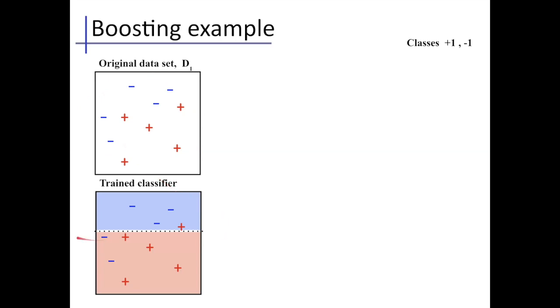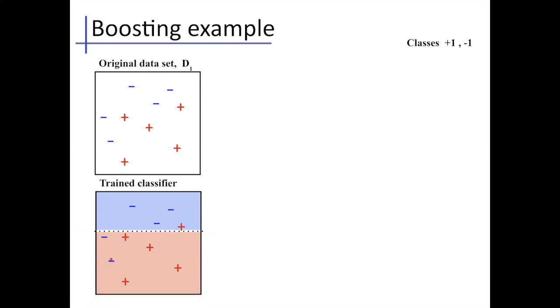Suppose this is my classifier here, a very simple classifier. In this classifier, I made three mistakes. This positive example was predicted to be negative, which is wrong. And there are two examples here that were incorrectly labeled. So I have three examples predicted incorrectly.